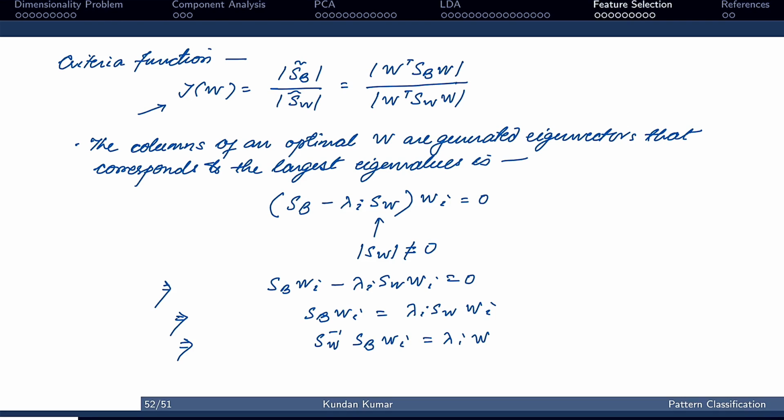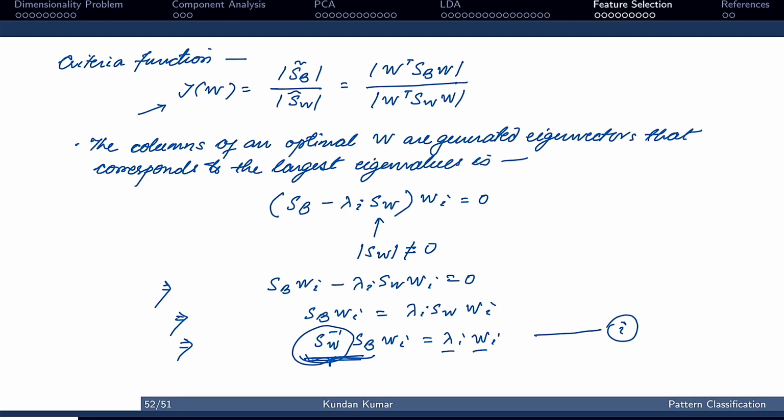Now look at this term. This expression is quite familiar. Here this is our matrix, where lambda i is the eigenvalue and the corresponding eigenvector is Wi. So we need to solve it. The computation of S_W inverse is basically very expensive.